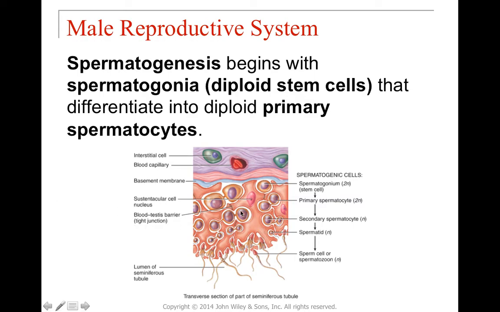What else do we see here? So this here is the blood-testes barrier. It's a tight junction, and when you think of the blood-testes barrier, there's very little fluid that's going to be able to get across here. This is very important. It's similar to the blood-brain barrier. But what I want you to know is that it's being held together by what are called Sertoli cells. They're not actually shown here; they're shown in this dark orange color.